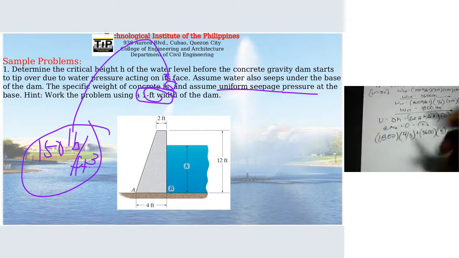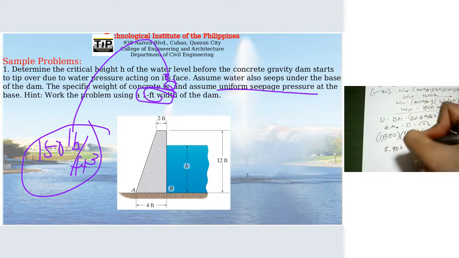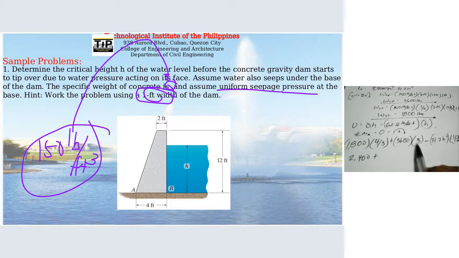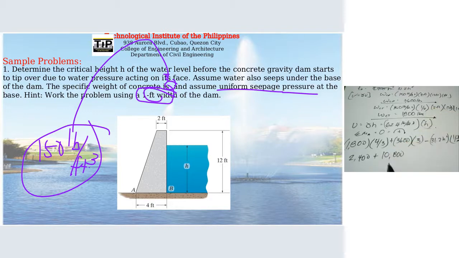Let us simplify. What is 1,800 times 4? 4, and then 36 times 2. I think this is 10,000 something, 10,800.